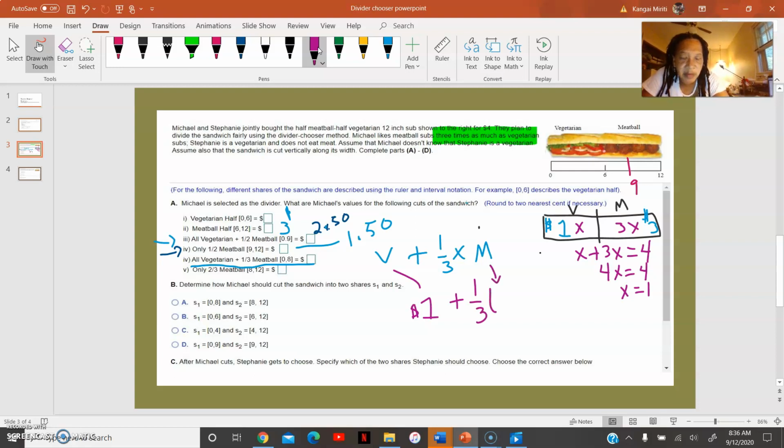The meatball is worth $3. And 1 plus 1/3 times 3, put it in your calculator, makes 1 plus 1, which makes a value of $2. So all of the veggie plus a third of the meatball is $2.